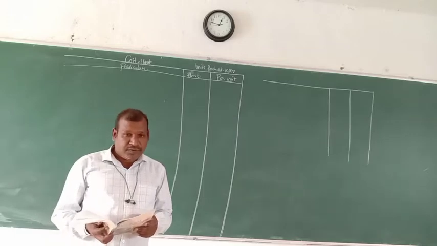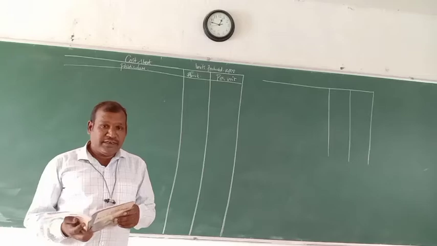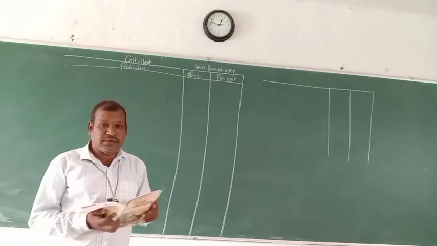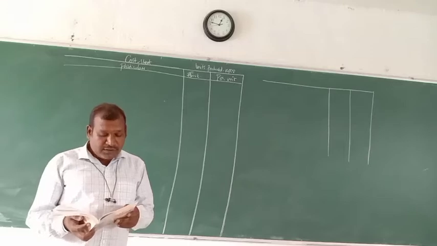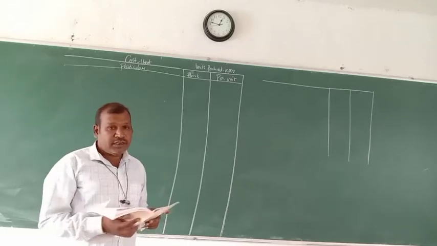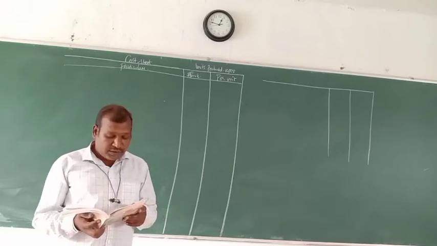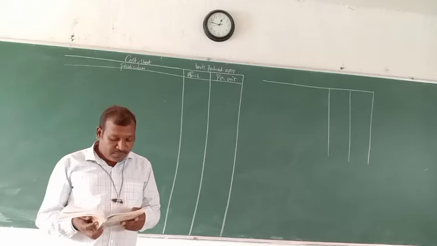Interest received or interest paid is a financial income or expense. It will not come under the cost sheet. It should be ignored. Penalty charges paid, that is also a financial expense. It should not be taken to the cost sheet. Both interest received and penalty charges should be ignored.